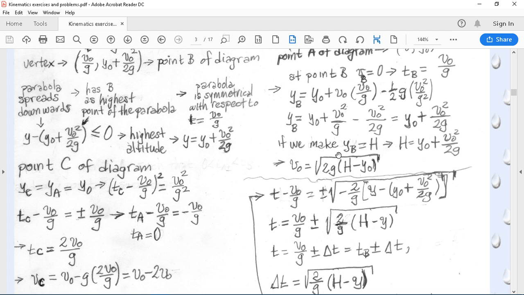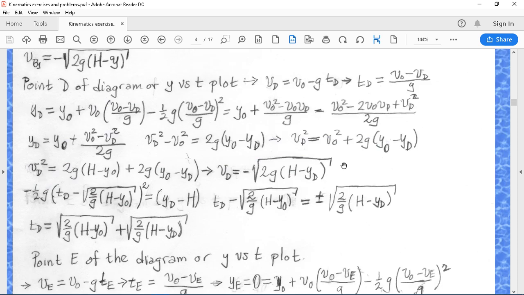Replacing this expression in this equation here, we obtain for Vd this expression here. Vd equals minus square root of 2g times h minus yd.